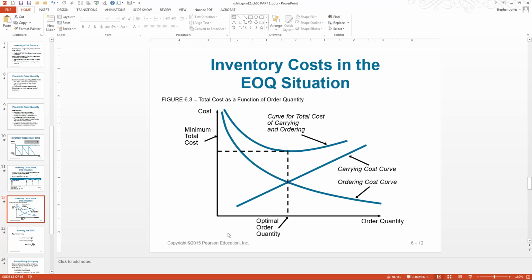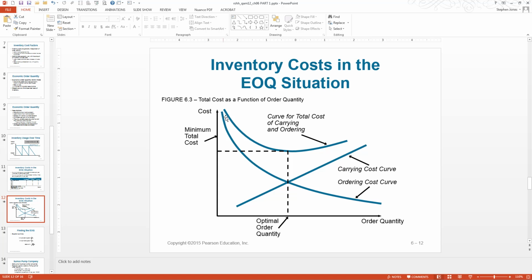On the other hand, you would find the ordering cost curve goes down as a per unit cost. Because if it costs you the same no matter how many units you order at a time, then the more units that you order, the per unit ordering cost is going to go down like this.